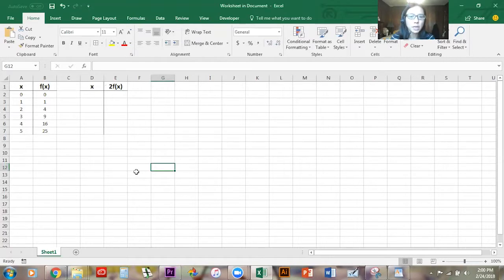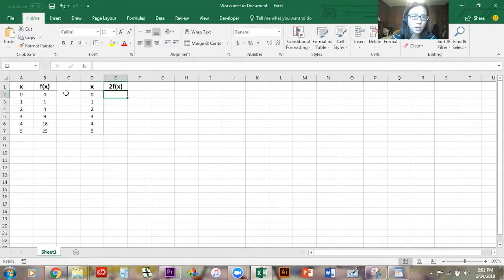So what if I asked you to make a table of 2 f of x? Hopefully you'd understand here, even if you haven't seen it before, that our x values that we put in, 0, 1, 2, 3, 4, 5, wouldn't necessarily change, but the resulting y value would be multiplied times 2 or doubled.